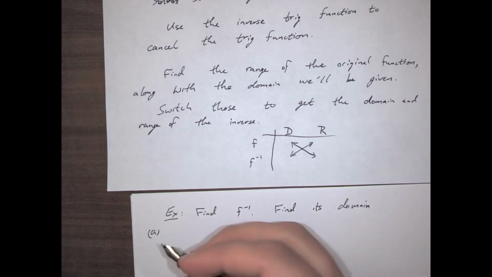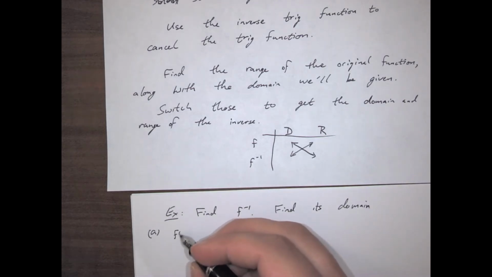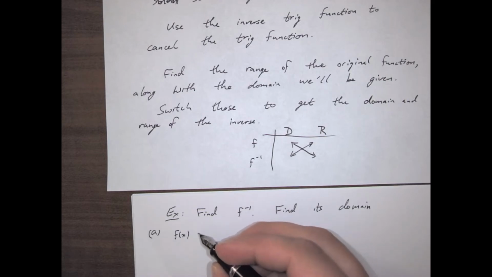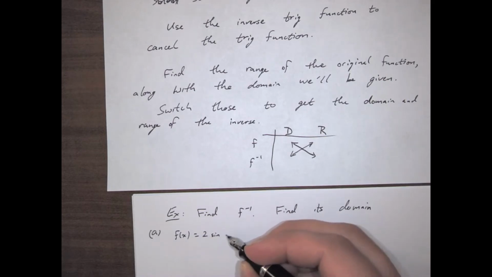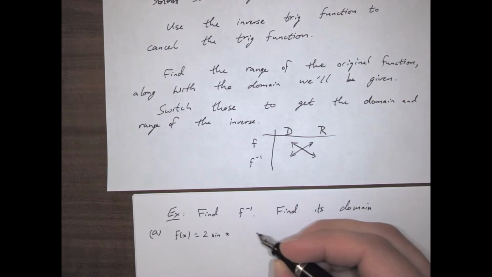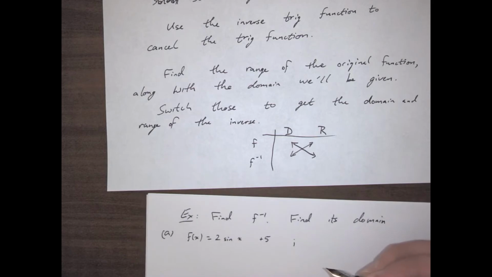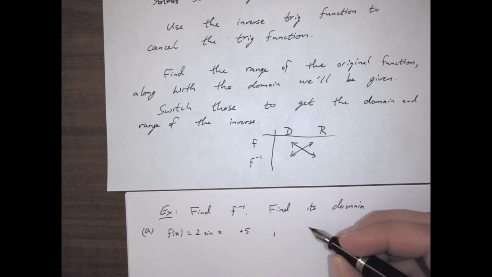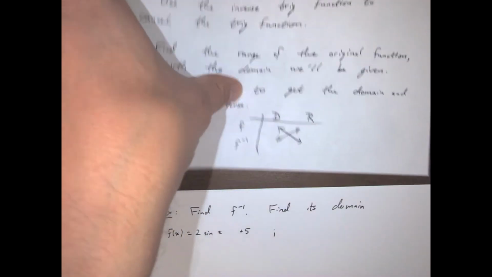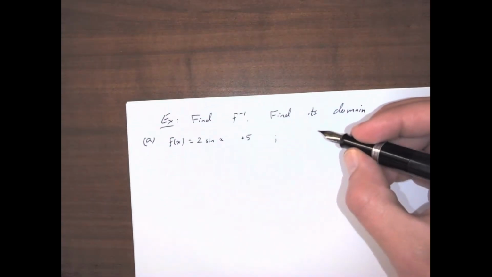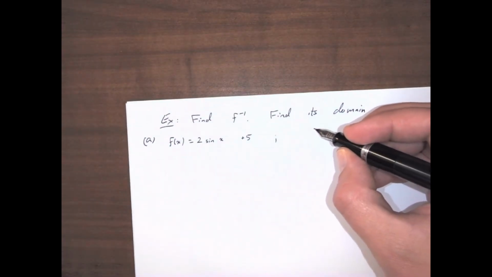Our function was f of x, which equaled 2 sine x plus 5, and we were given an initial domain for the original function of negative pi over 2 to pi over 2.